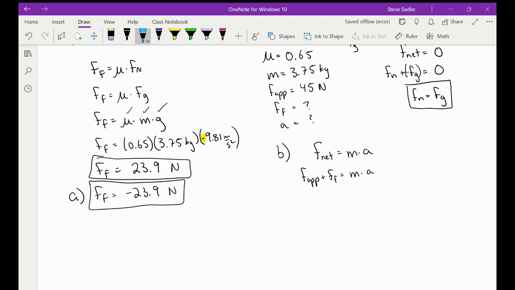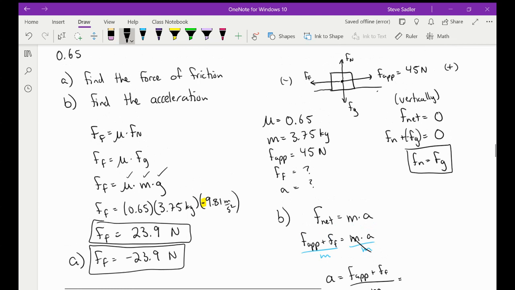And then we can divide out mass from both sides. And we have acceleration is equal to force applied plus force of friction all over mass, and we can solve that.